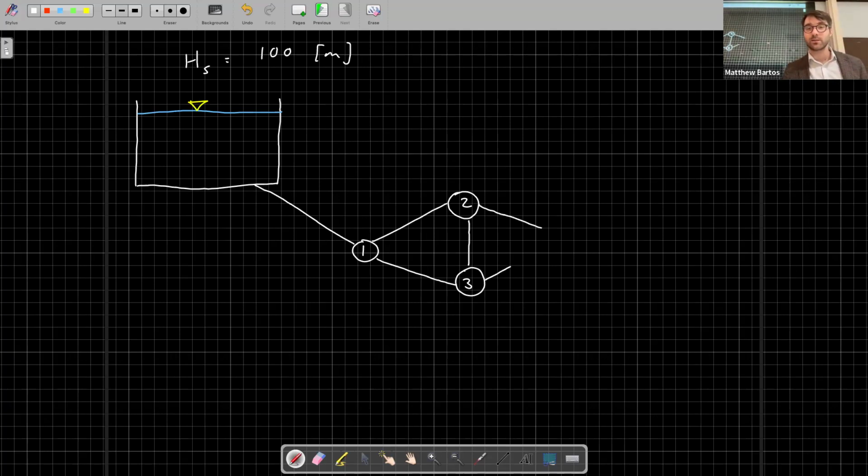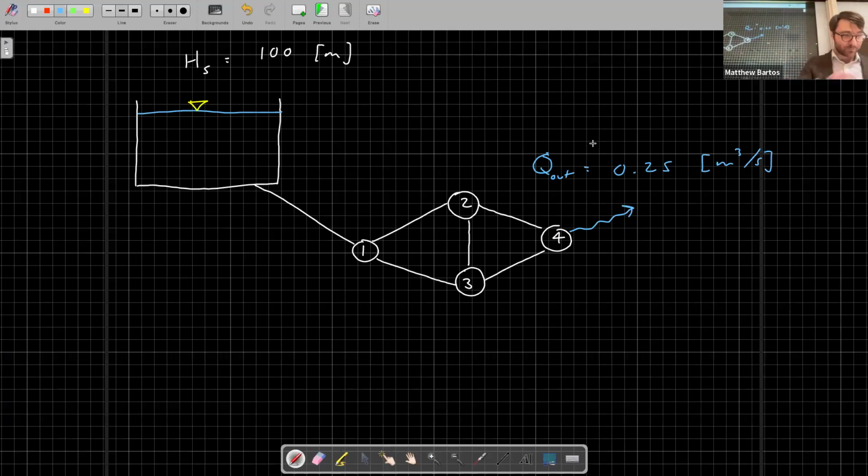And then junctions 2 and 3 both connect to another junction, junction 4. There is a demand of 0.25 cubic meters per second. So I'll call this Q out. There's a demand of 0.25 cubic meters per second leaving the system. We're going to assume Hazen-Williams coefficient equal to 100 for all pipes.